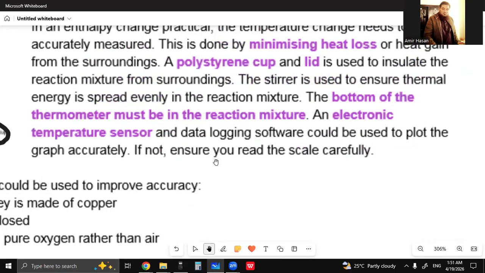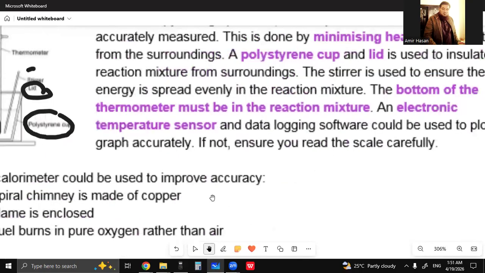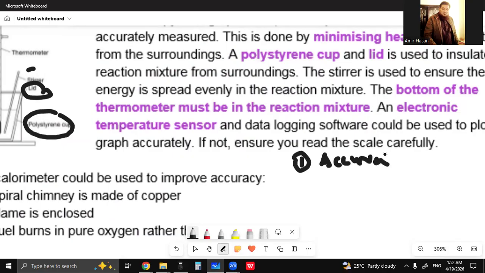If not, ensure you read the scale carefully. It means when we are doing the practical, number one, accurate temperature measurement is required, and for accurate temperature measurement, heat loss and heat gain must be controlled.